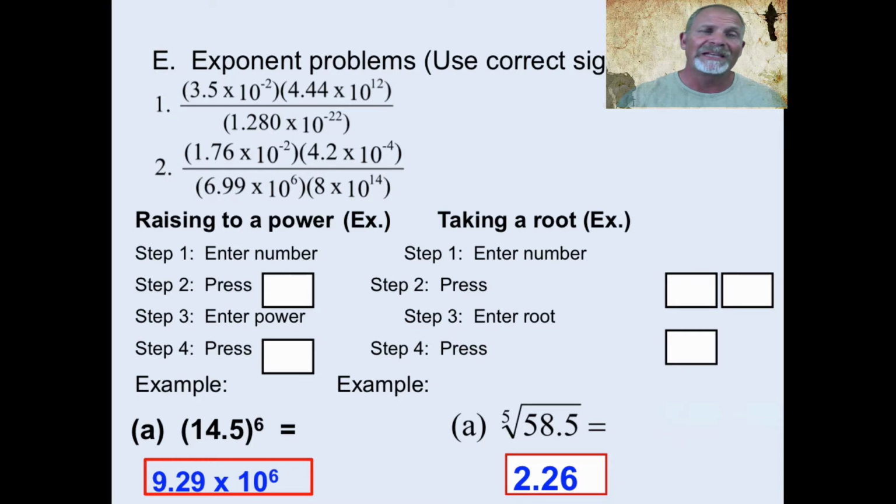So I divide by each number in the denominator as if it were its own division problem. Even though it's set up mathematically showing that the 6.99 times 10 to the 6 is multiplied by the 8 times 10 to the 14, that's not how your basic scientific calculator thinks. So really make sure you understand that rule.